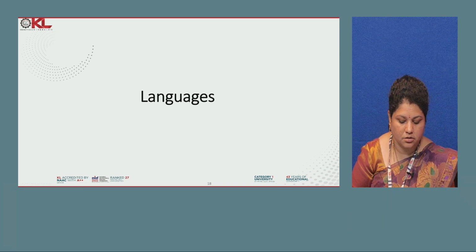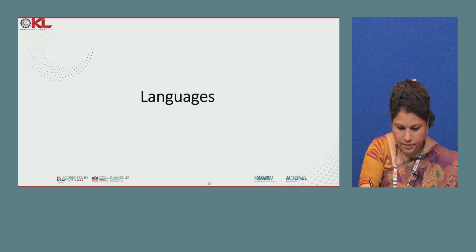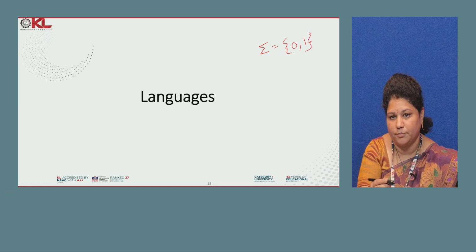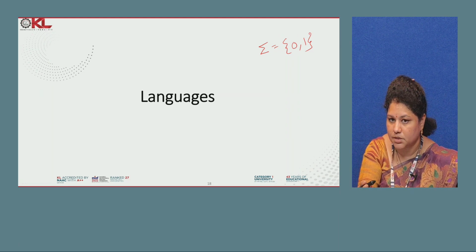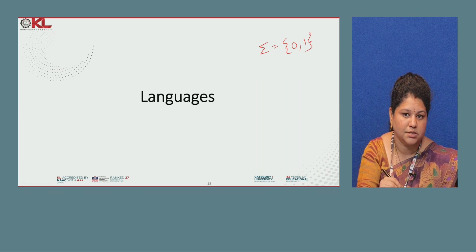For example, our input symbol set is represented with sigma. We are giving binary alphabets here. From the given input symbols, how can strings be generated? Strings are nothing but a finite number of input symbols, a collection of input symbols.